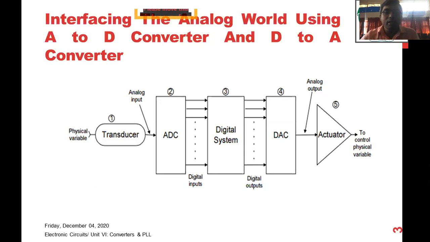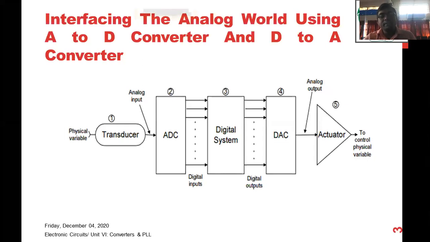What is an electric transducer? What is its role? An electric transducer takes the input as a physical variable, it may be temperature, pressure, or any other physical variable, and then converts it into an electrical one.